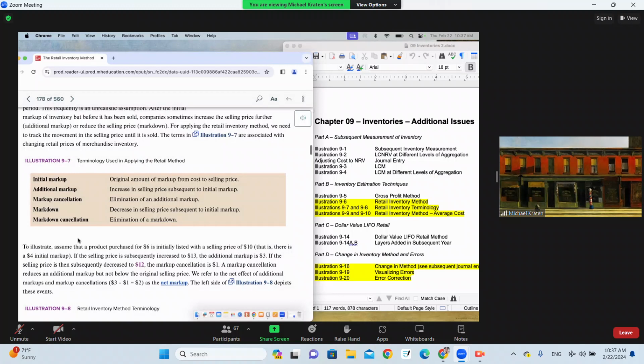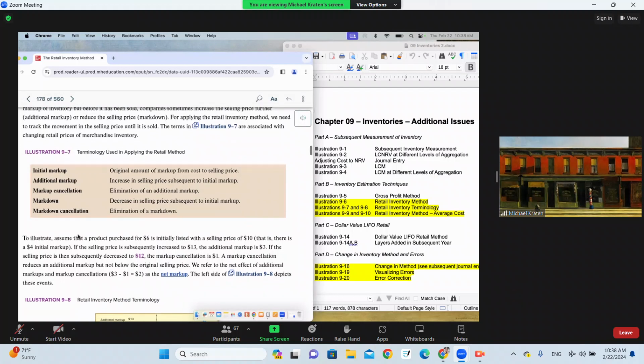If you say, I better mark down my selling price, that's below the original price, that would be a markdown. And if you think you marked something down too hastily or too dramatically, you might cancel a markdown, at least in part, which would increase the price again.